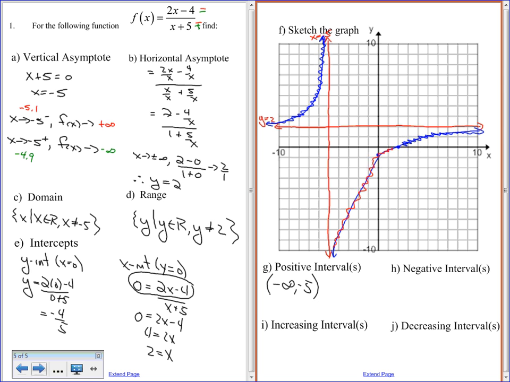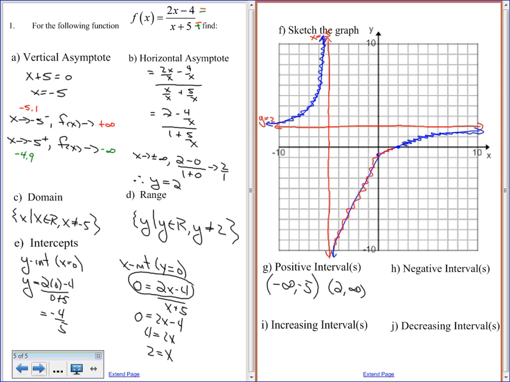Between 2 and positive infinity. Perfect. So right at 2 again, that's where it's equal to 0, but beyond 2, it's above the x-axis. So between here and all the way from here.